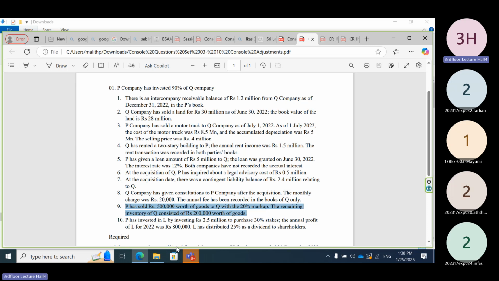Once they are selling this to Q, they are keeping a margin of 16% over this. 16% of this. You know that this was included here. Can you agree with me?